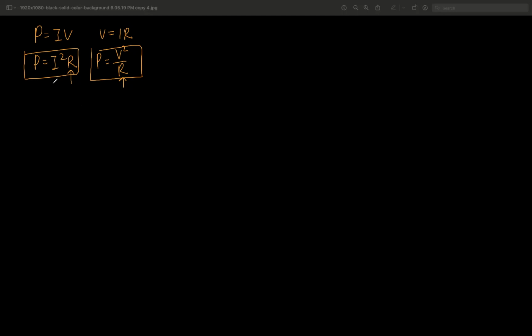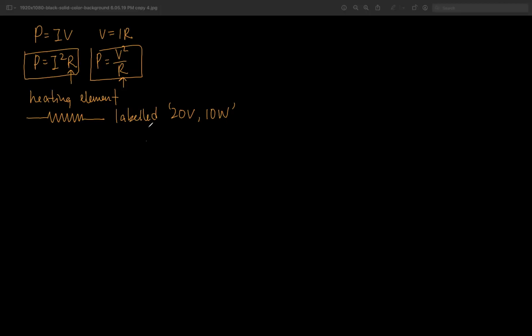So it allows you to calculate the power loss across a resistor. For example, sometimes they give you a resistor, and this resistor is used to make a heating element of a device, and they say that this resistor is labeled 20V 10 watt. What does this mean?